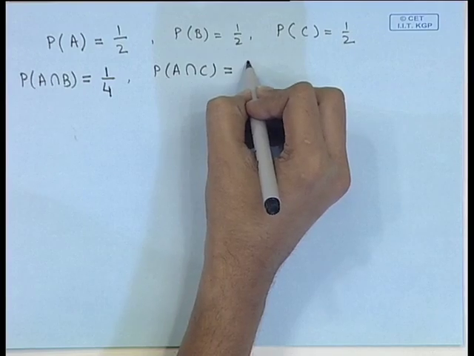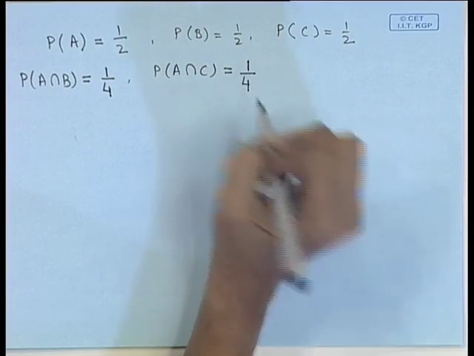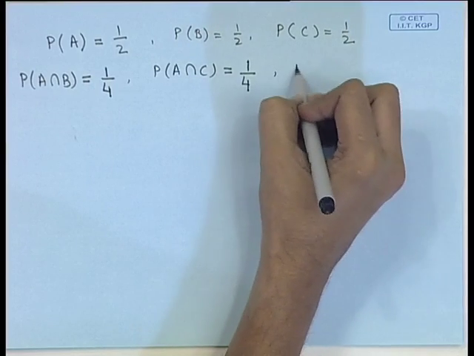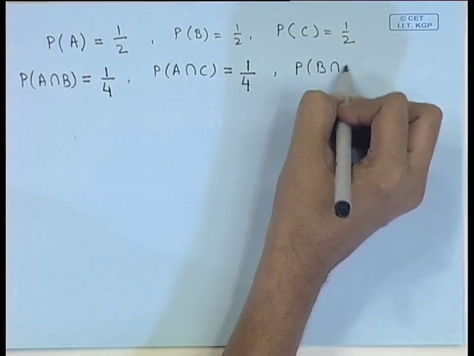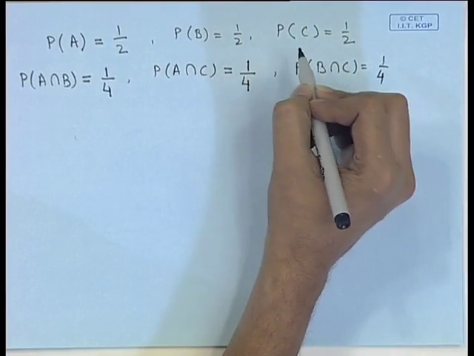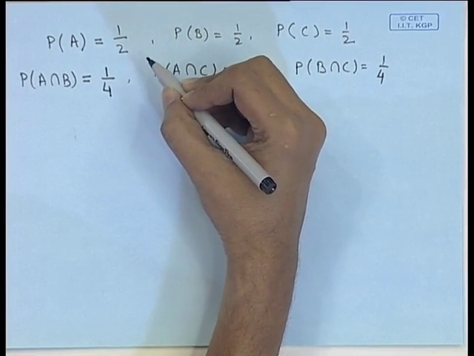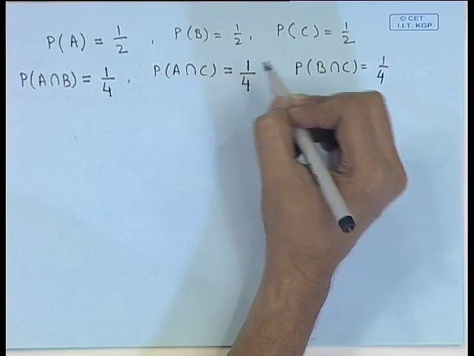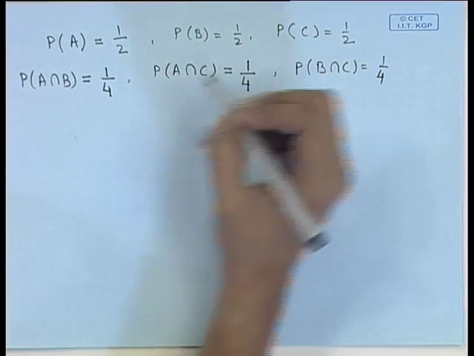So, this becomes 9 by 36, again 1 by 4. Similarly, probability of B intersection C is 1 by 4. Naturally, you can see that the conditions for the pairwise independence are satisfied here.